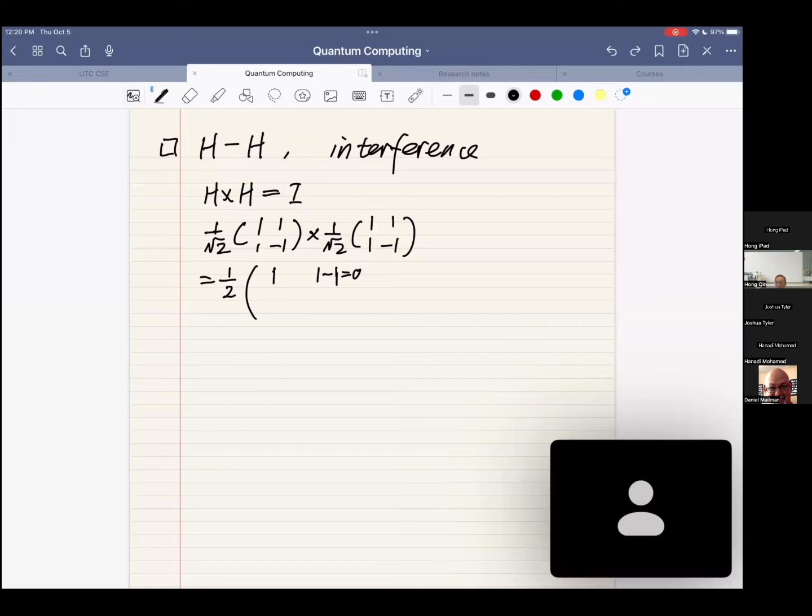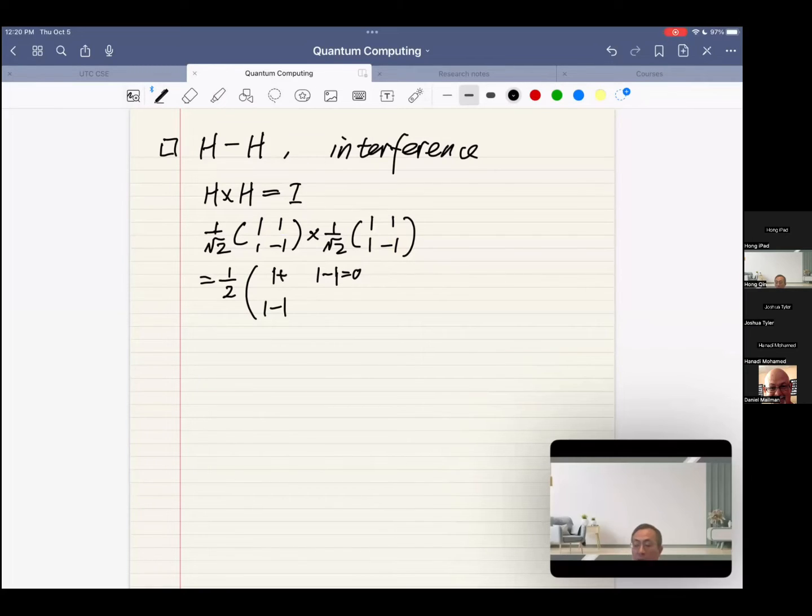Yeah, it will be 0. This one is 1 plus 1. Sorry, the bottom will be, it's also 1 plus 1.